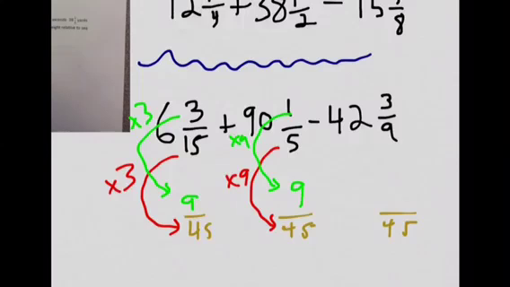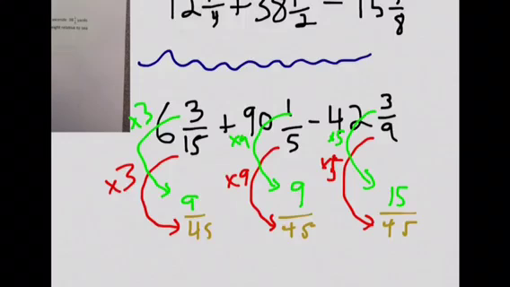And this 9 increases 5 times. 9 times 5 is 45. So therefore, the 3 must also increase the same amount, times 5. So 3 times 5 is 15. So here are my 3 fractions. Now, one thing I want to point out. This fraction here and this fraction are the same.